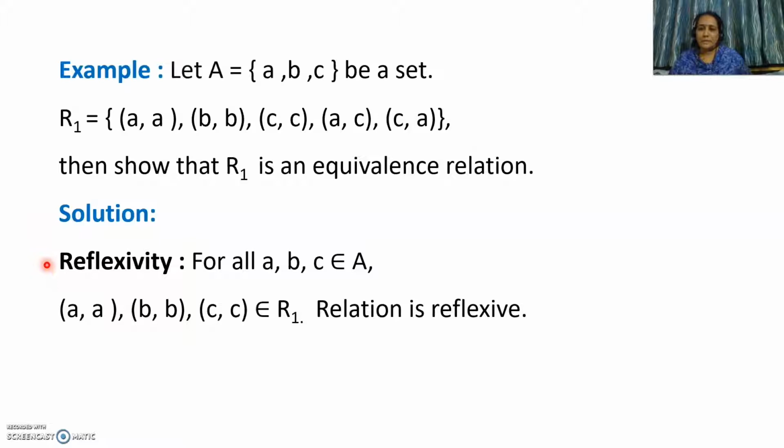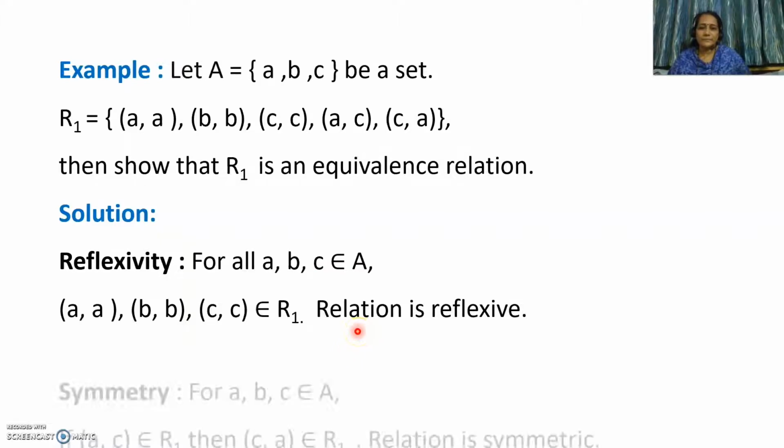For reflexivity, we consider elements a, b, c belongs to A. In this set R1, (a,a) is present, (b,b) is present, and (c,c) is present. That is, (a,a), (b,b), (c,c) belongs to R1 and therefore all elements of set A are related to themselves and hence we say that it is reflexive.